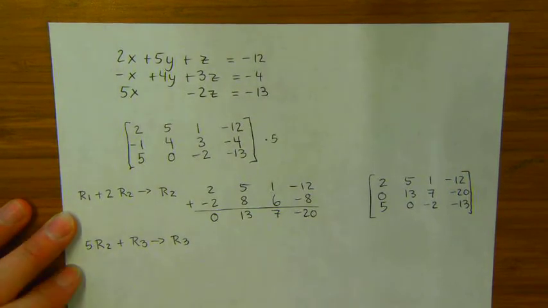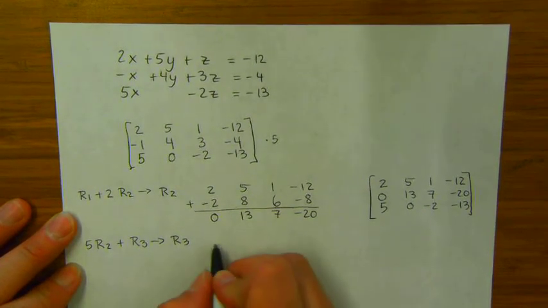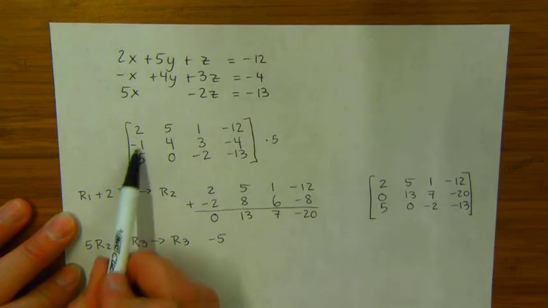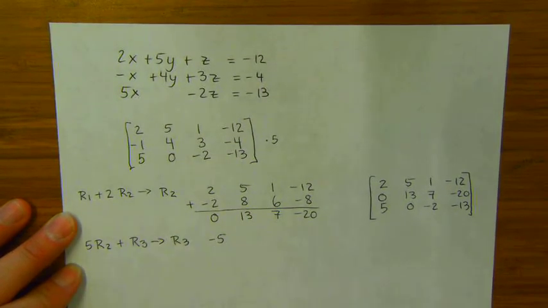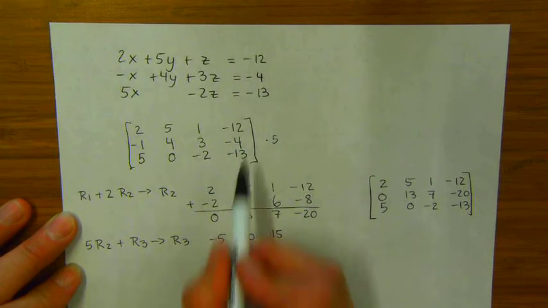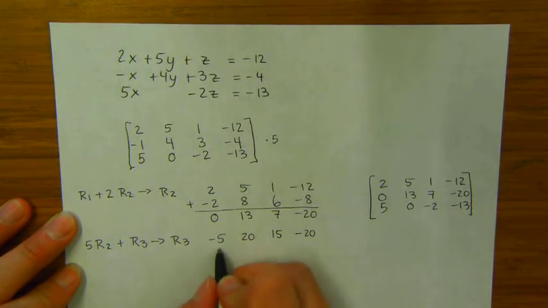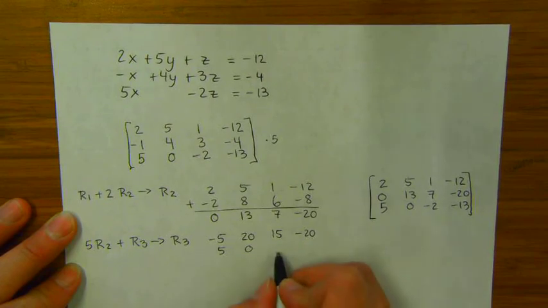So let's write this down. Let's multiply this times 5, which gives the x value negative 5. It makes my y value equal to 20. This one is a coefficient of 15. This one is a coefficient of negative 20. Now I'm going to add the ones below to it.